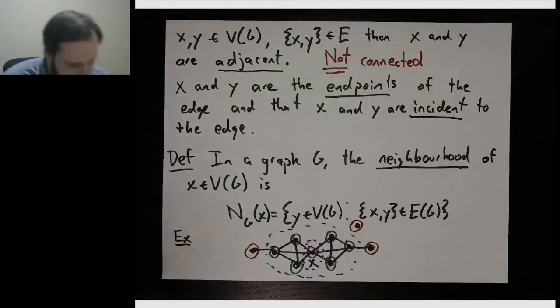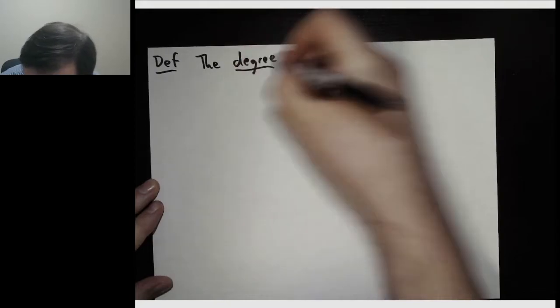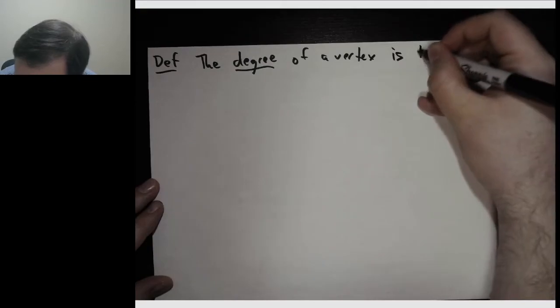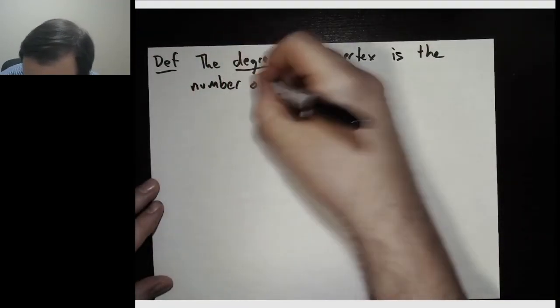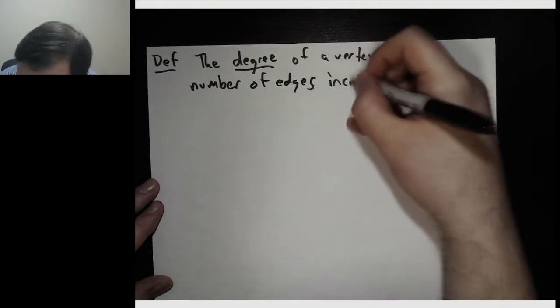So, one more definition, and then we can start asking interesting questions. The degree of a vertex is the number of edges incident to that vertex.